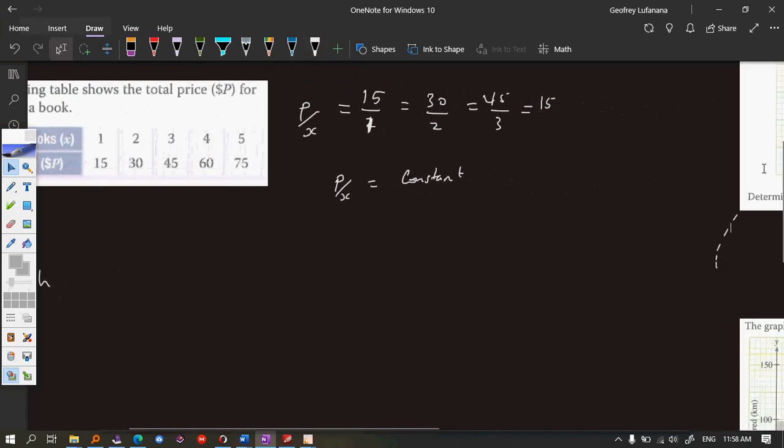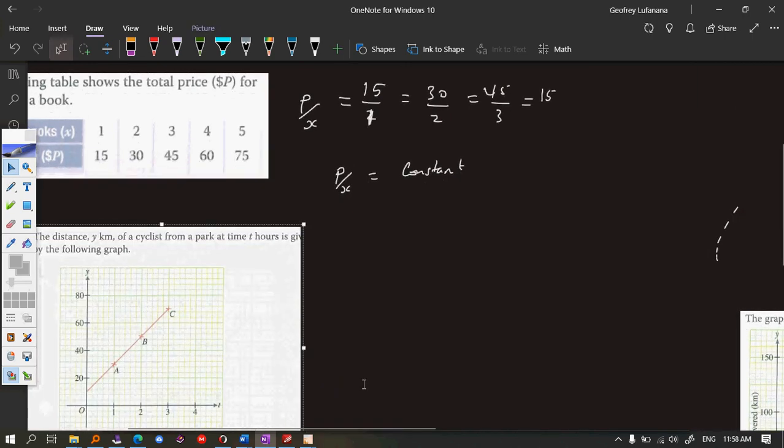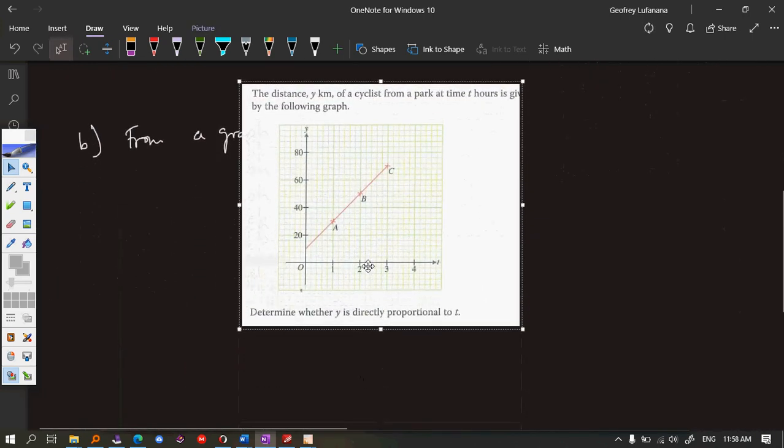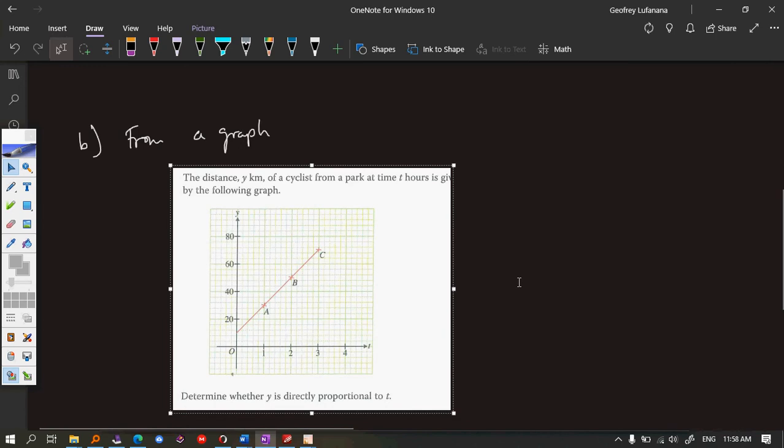So let me drag my graph over here, and we want to determine whether y is proportional to t. From this graph, you can see that that's our y, that's our t, and that's our graph. I'm going to take points, because each point gives me a certain value for x and a certain value for y. I need to look at my scale.